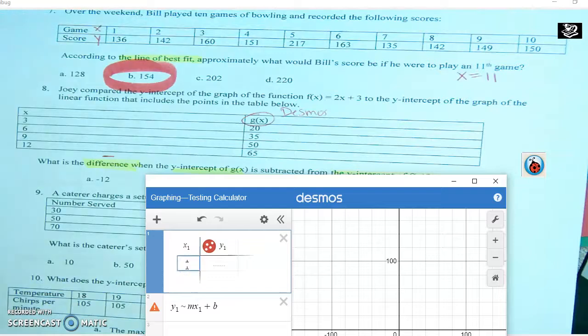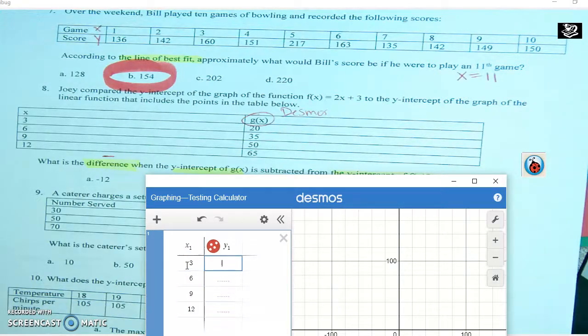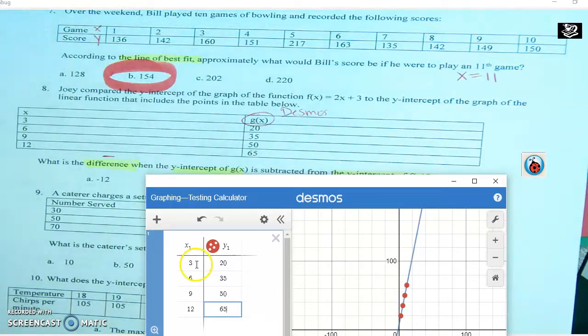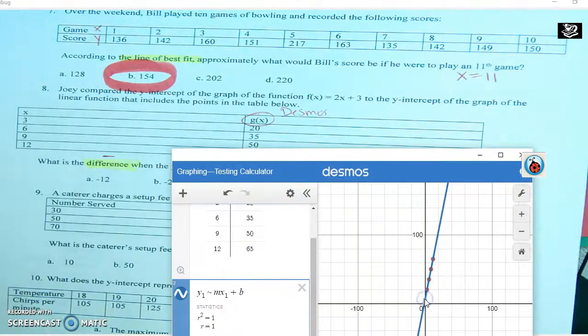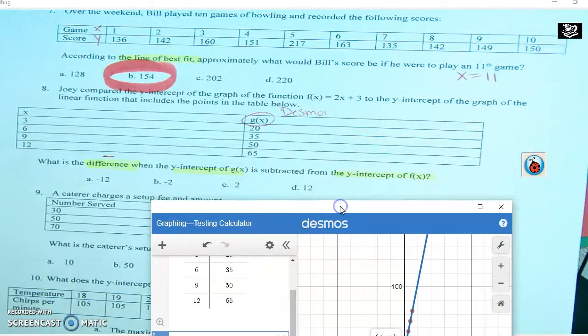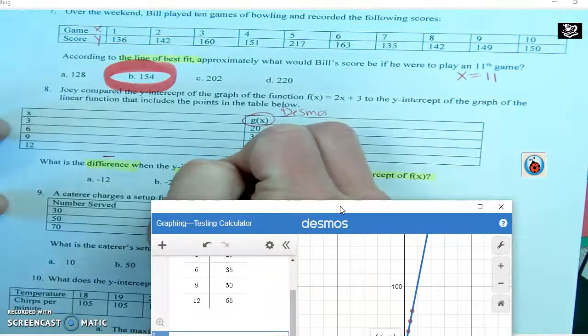All right, so I've got 3, 6, 9, and 12, 20, 35, 50, and 65. And to find the y-intercept, I'm going to click over here, and the y-intercept is where it crosses the y-axis, so it crosses it at 5. So the y-intercept of g of x is 5.